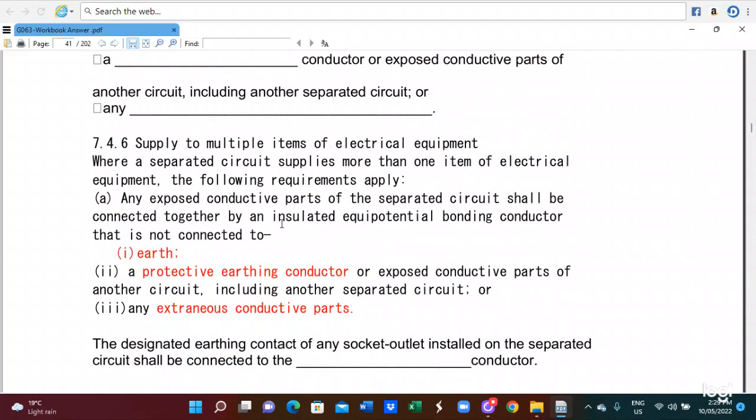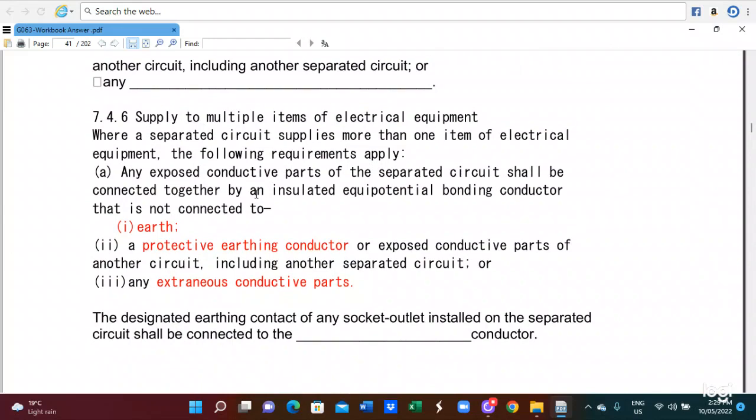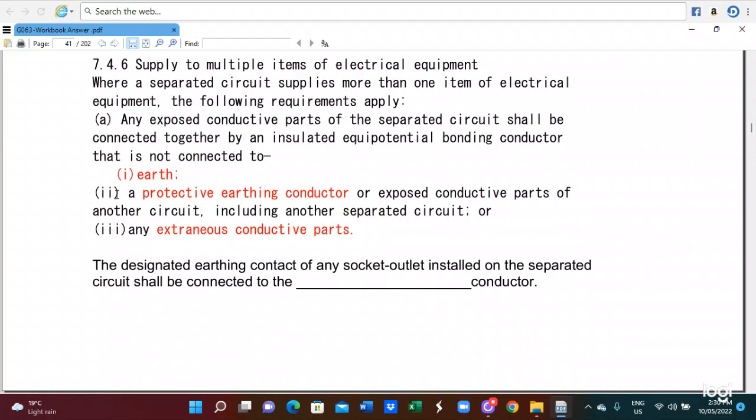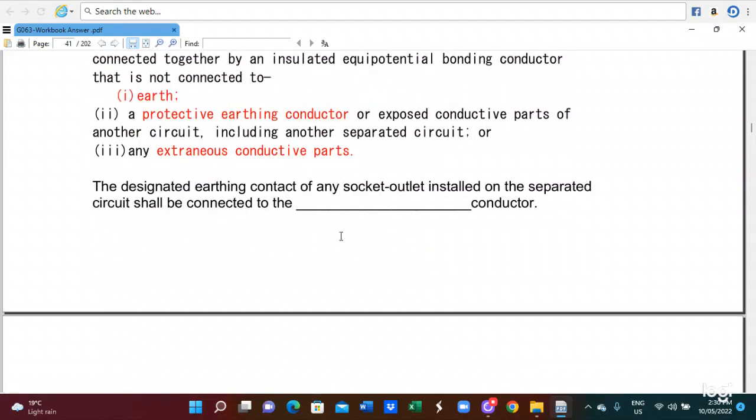In this case, the supply to multiple items of electrical equipment, where the spreader circuit supplies more than one item of electrical equipment, the following requirements apply. Any exposed conductive part of the spreader circuit shall be connected together by an insulated equipotential bonding conductor that is not connected to earth, or any protective earth conductor, or any external conductive part.